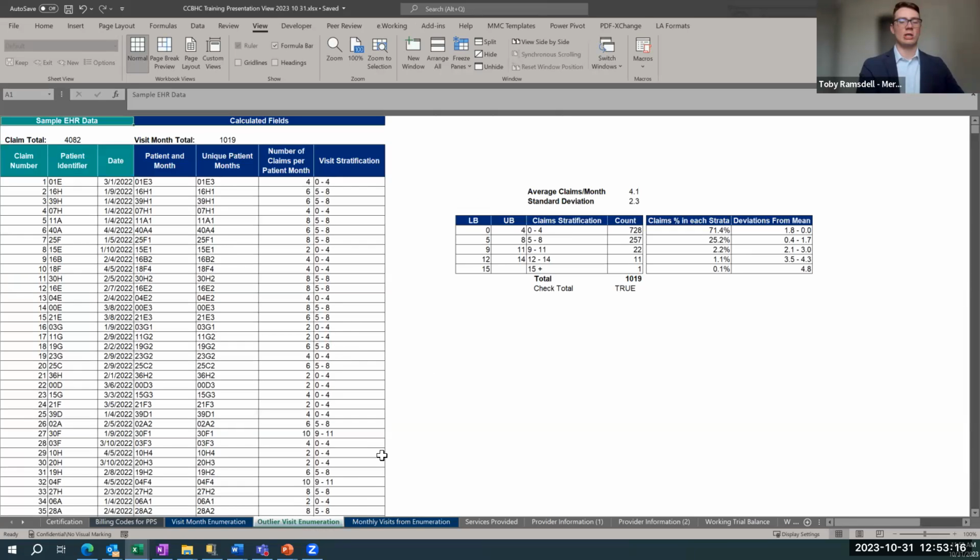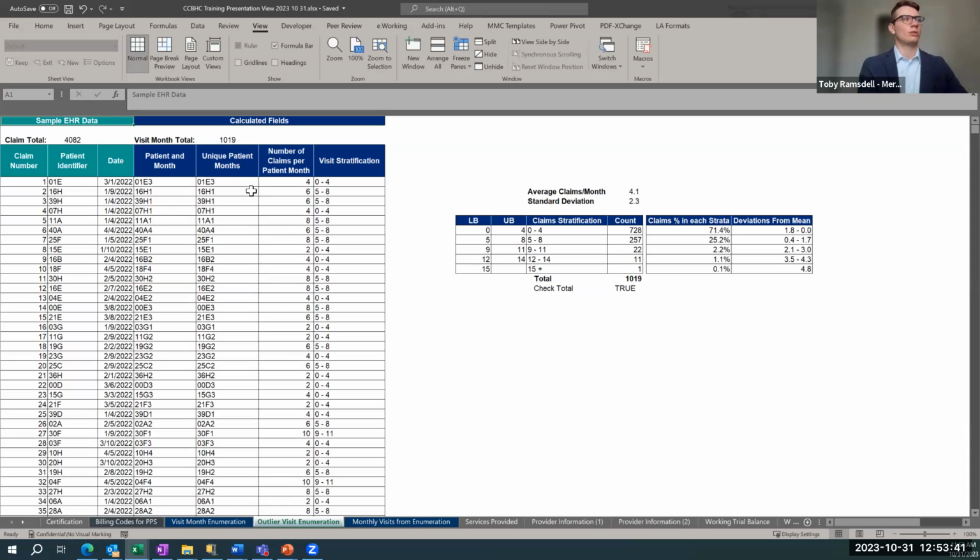Here's the outlier visit enumeration example again. Let's just do a quick overview. I know we walked through this at length earlier, but essentially what I did is I took EHR data and translated it into a unique ID that captures both the patient and the month. That's the way that I'd recommend identifying patient months.